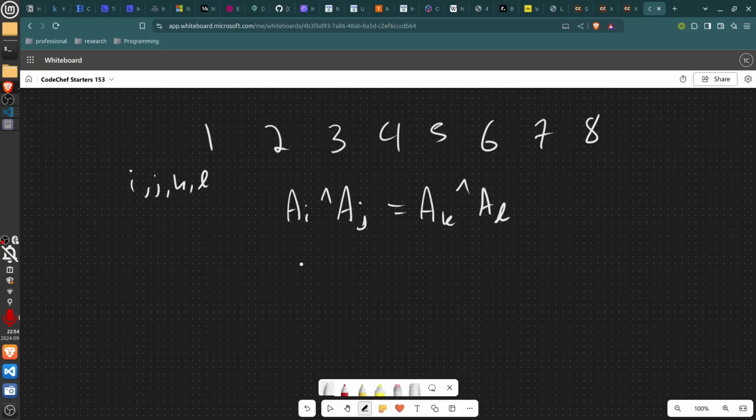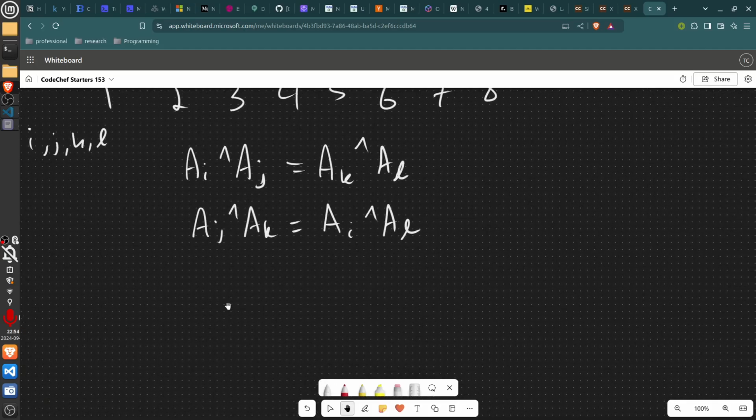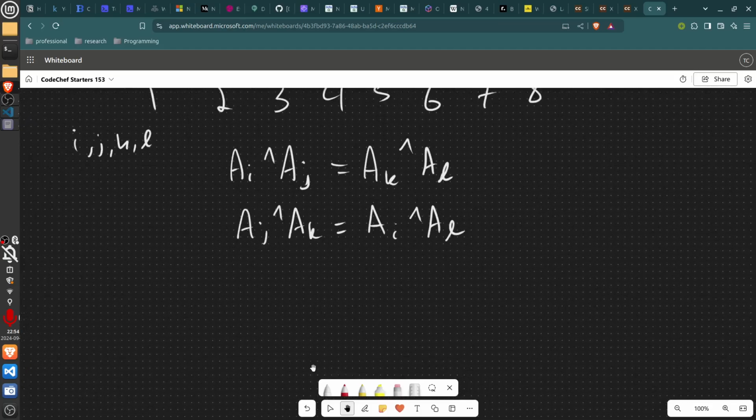And then you also require that AJ XOR with AK is equal to AI XOR with AL. There's something you can do here though, which I saw: if you take this one, you can get to here. That is, if this statement is true, then this statement is true as well.